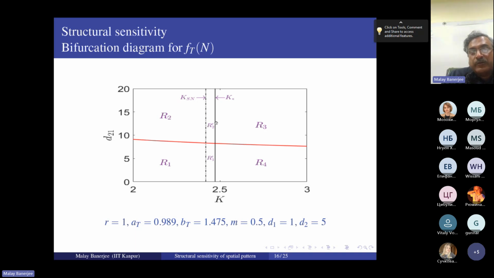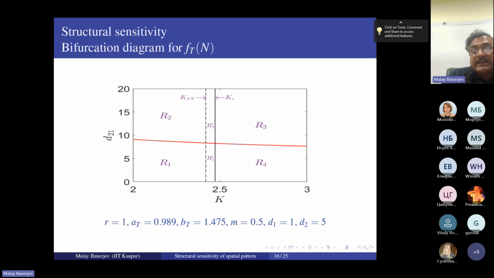So this K star corresponds to the Hopf bifurcation threshold. It is subcritical, which we have to keep in mind. In the earlier two figures, it was supercritical, but here it is subcritical. And this one is the saddle-node bifurcation threshold of the two limit cycles observed for the temporal model.